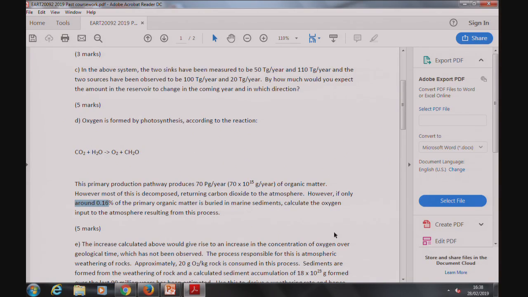So then I can convert this many teragrams to a certain number of moles per year by dividing by the molecular weight. So I take my 112 and divide by 30, and that works out to be about 3.73 teramoles per year.